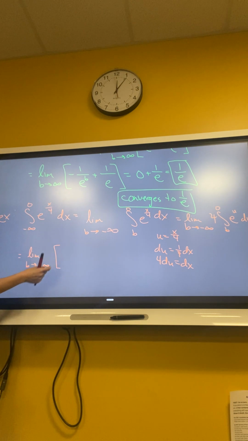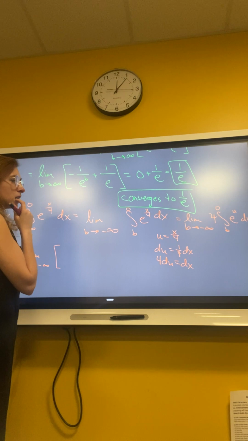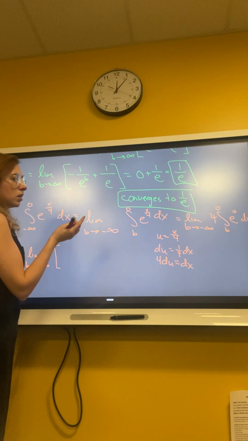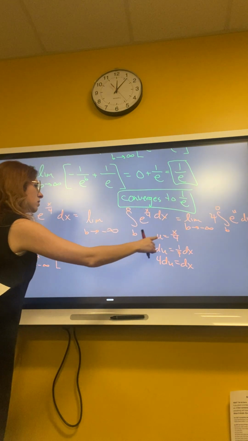I can even pull it out in front of the limit. Remember with limit properties, if I have some coefficient, I can pull that out front and multiply the limit by that coefficient. So I could put the 4 here, or here, or in here. It's just a matter of distributing it or not. And then the integral of e to the u, I'm going to substitute back in that x over 4.